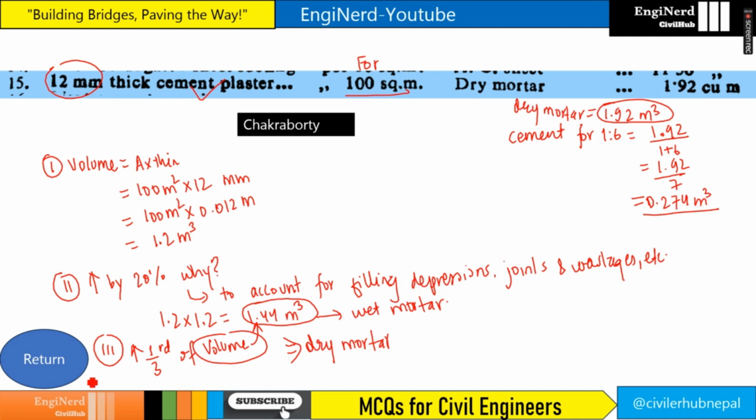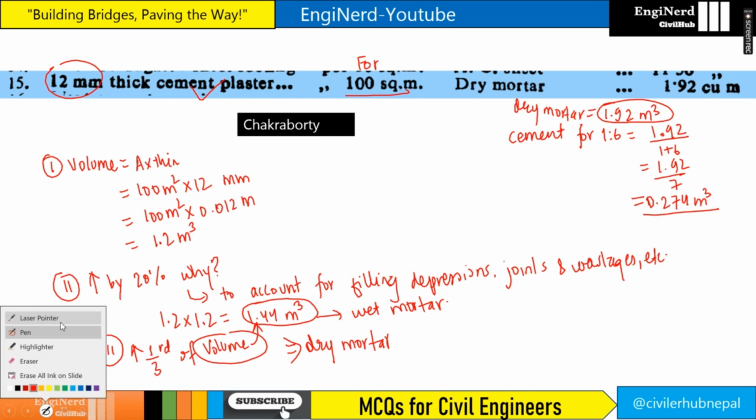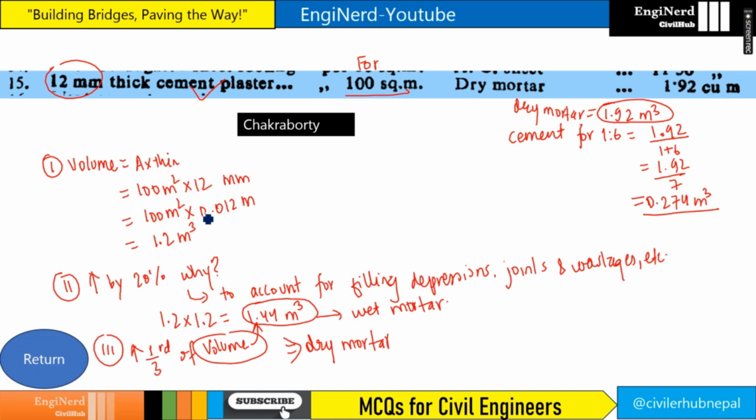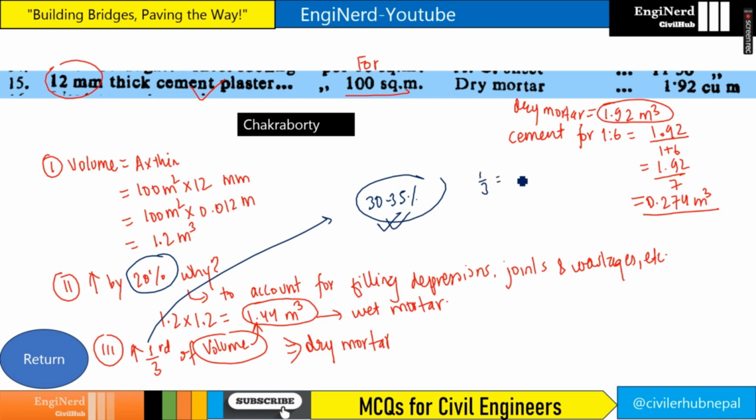Many of us know this 1/3 as 30 to 35%. So first 20% and then 30 to 35%, since 1/3 is 33.33%.